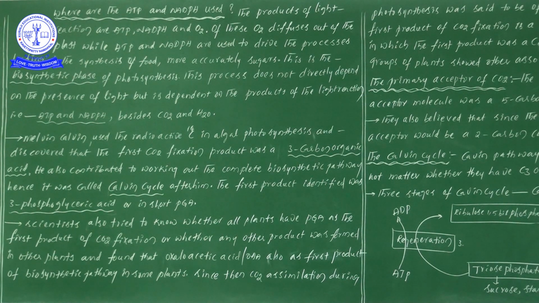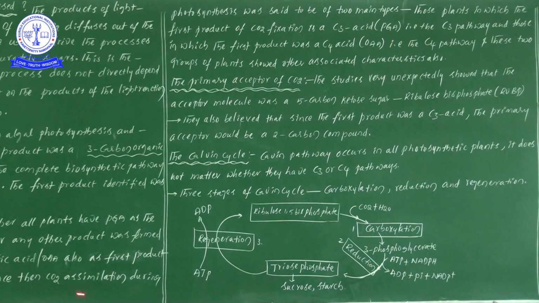Since then, carbon dioxide assimilation during photosynthesis was said to be of 2 main types.